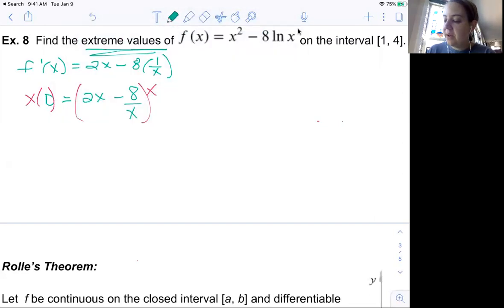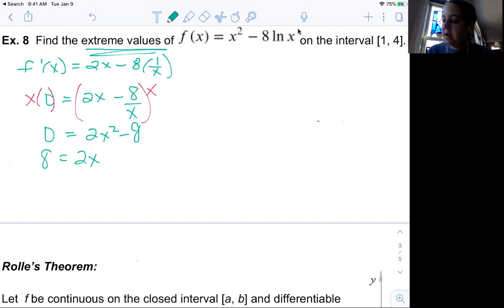And when you do that, you get 0 is equal to 2x squared minus 8. I would add 8 to the left, so 8 is equal to 2x squared. 4 is equal to x squared, and then x is equal to not just 2, but we're taking the square root ourselves, so it's plus or minus 2. But we're only looking on the interval from 1 to 4.